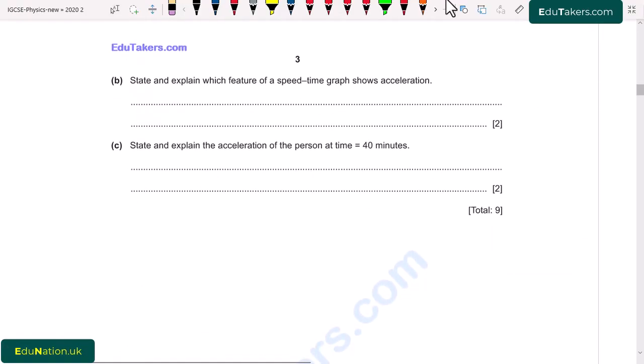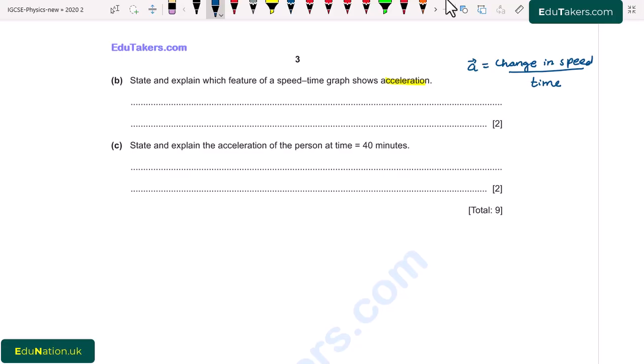Part B. State and explain which feature of speed time graph shows acceleration. We know that acceleration is represented by A. It is equal to change in speed over time. And in the speed time graph, the gradient gives us acceleration.